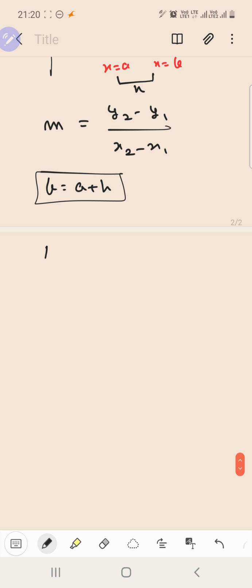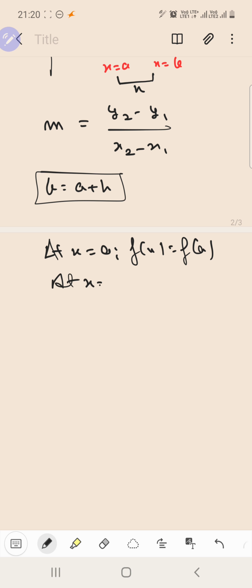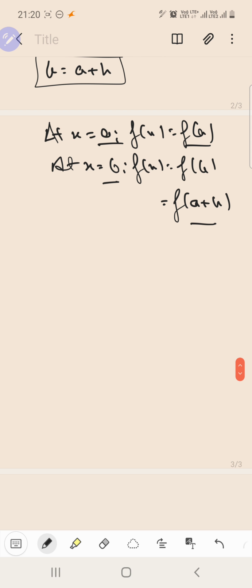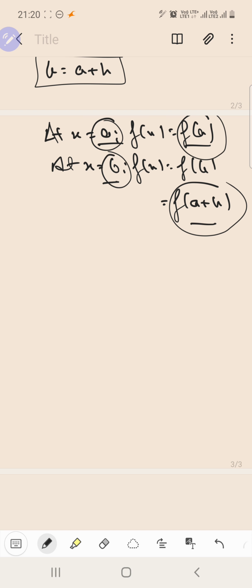Now at x = a, we have the function f(x) = f(a), and at x = b, we have f(x) = f(b), and now we can write it as f(a + h). Now if I consider the 2 points (a, f(a)) and (a + h, f(a + h)), then this is your y2, this is your y1, this is your x2, this is your x1.